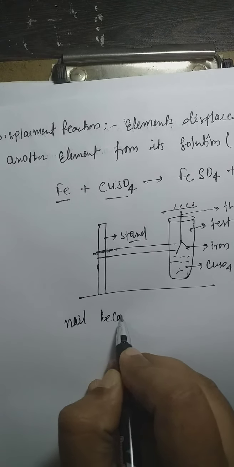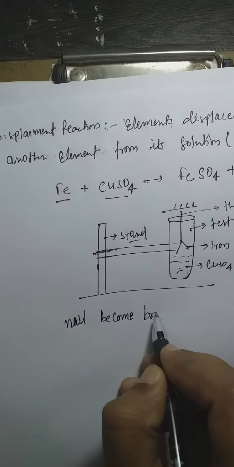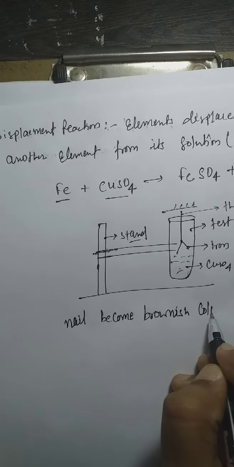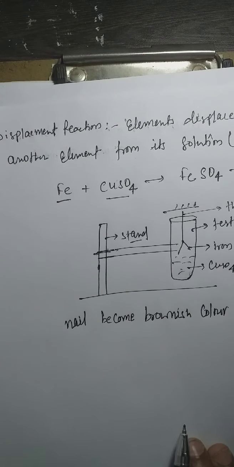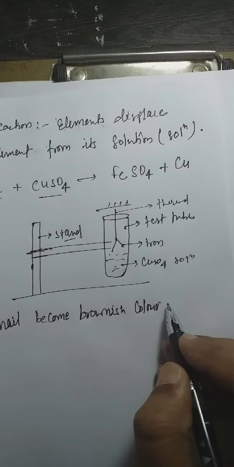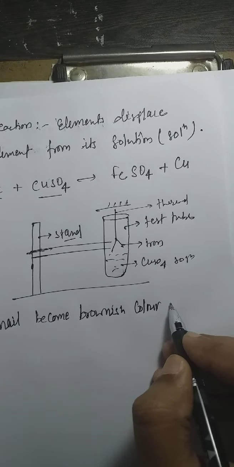So you may write that the iron nail becomes brownish in color. And what is the original color of the copper sulfate solution? It is blue in color.